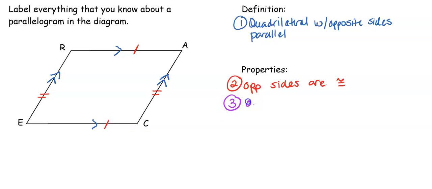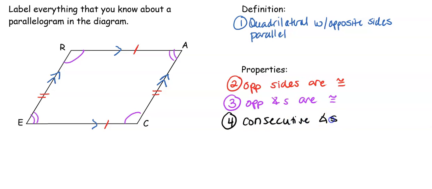Another property is opposite angles are congruent. So we know opposite are congruent. Opposite sides are congruent. Opposite angles are congruent. Opposite, the key is that it's things that are across from. Number 4, consecutive angles are supplementary.